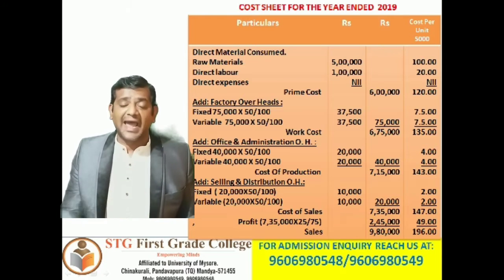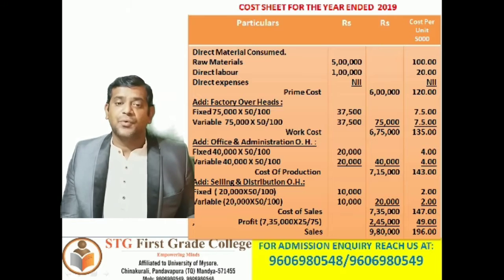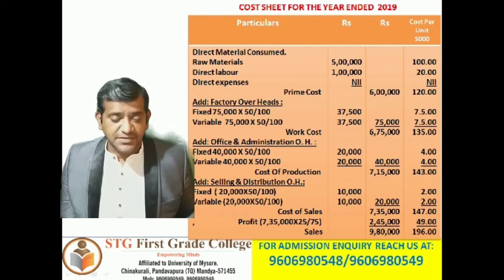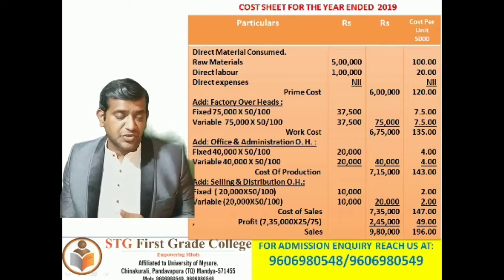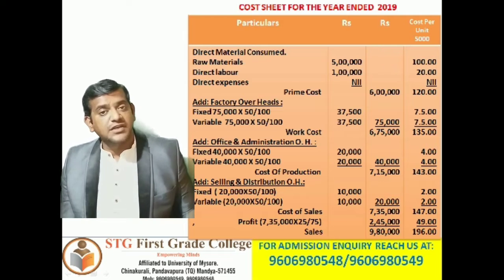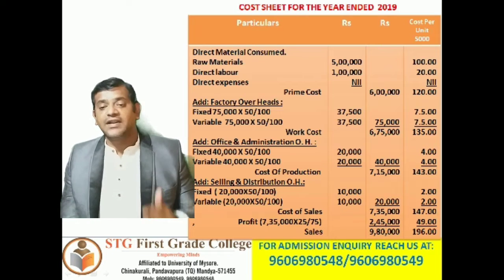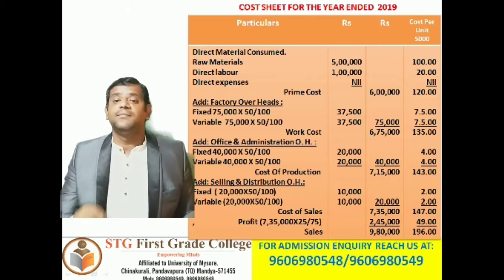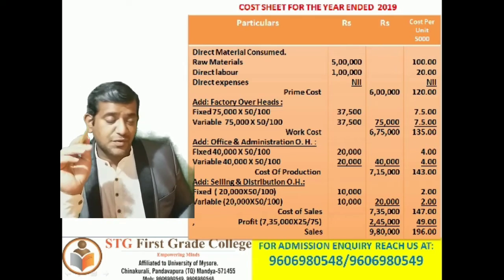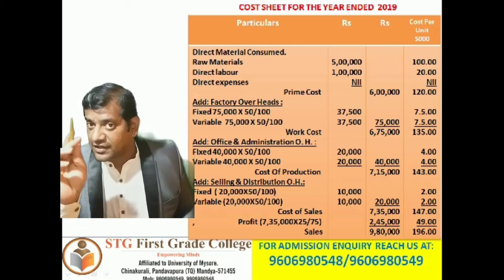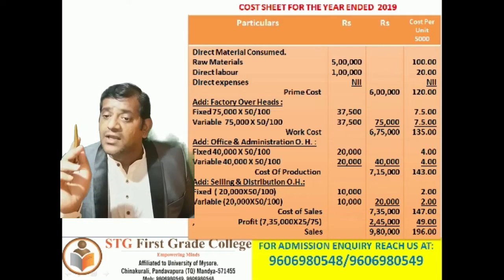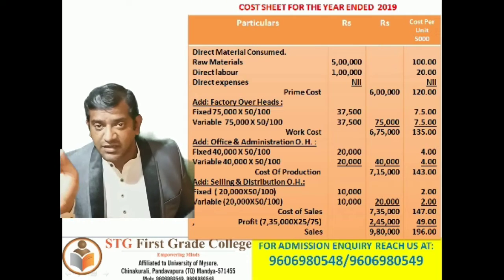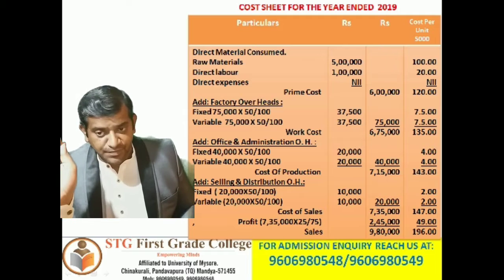Next, add office and administration overheads. Fixed 50% and variable 50%. So 40,000 into 50 divided by 100 is 20,000 fixed, and the same for variable, 40,000 into 50 divided by 100, that is 20,000 variable. 20,000 divided by 5,000 is 4 rupees.